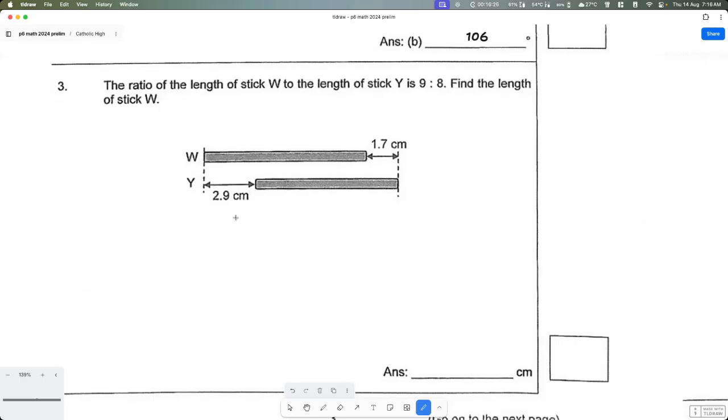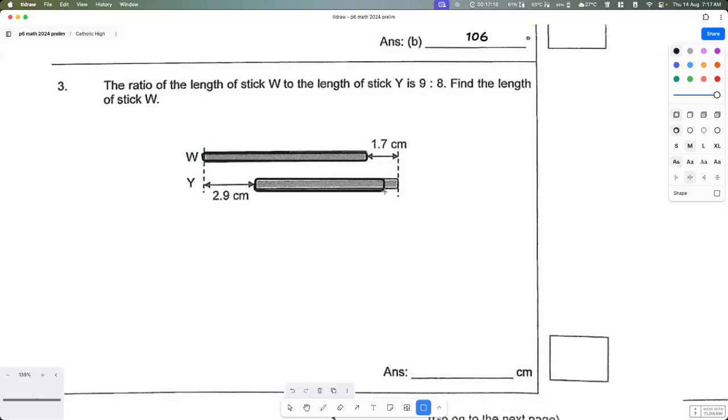Question number 3. The ratio of the length of stick W to the length of stick Y is 9 to 8. Find the length of stick W. If I were to visualize it, in this case you have this stick and this stick, and then you have the arrow 1.7 centimeters, and this one as well, 1.7 and 2.9.